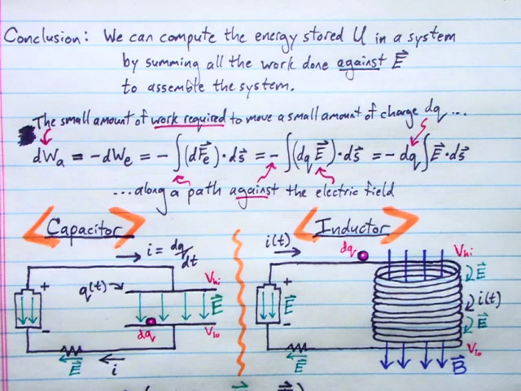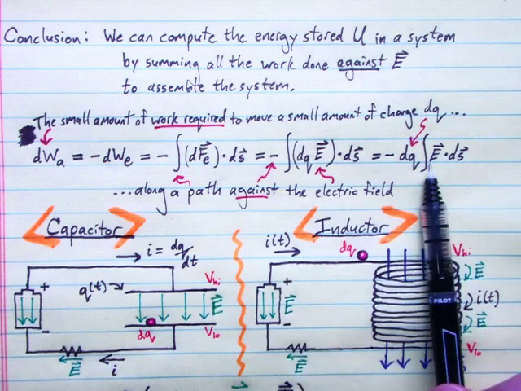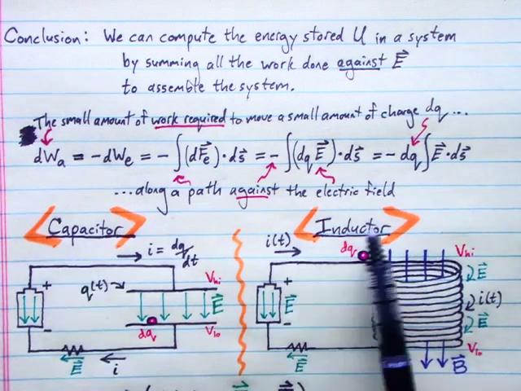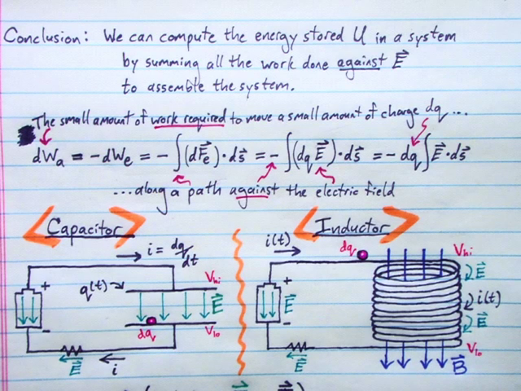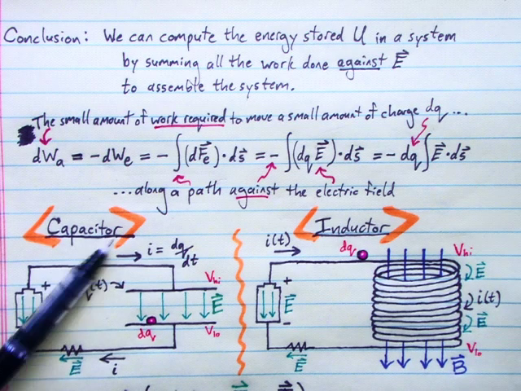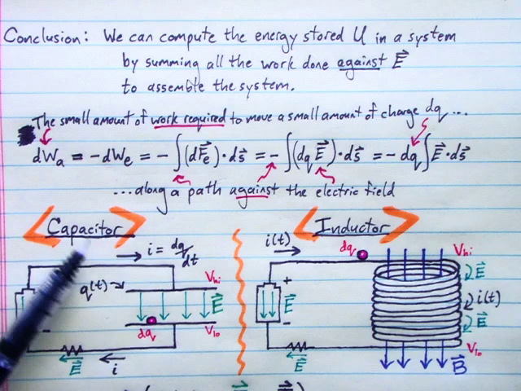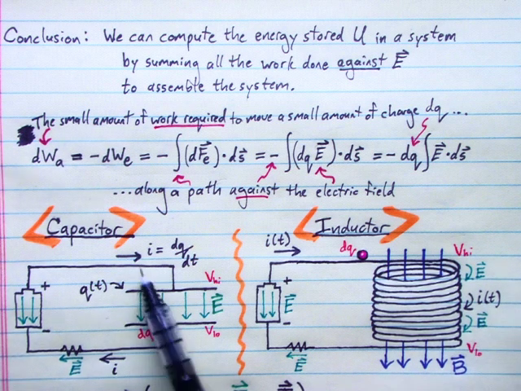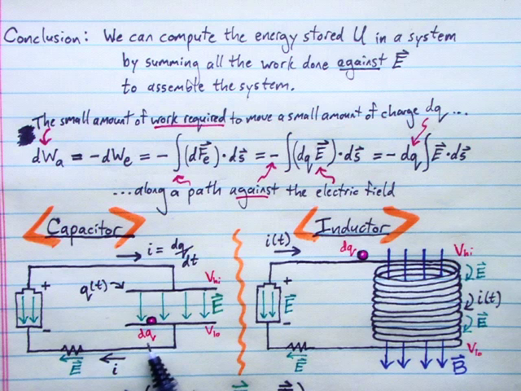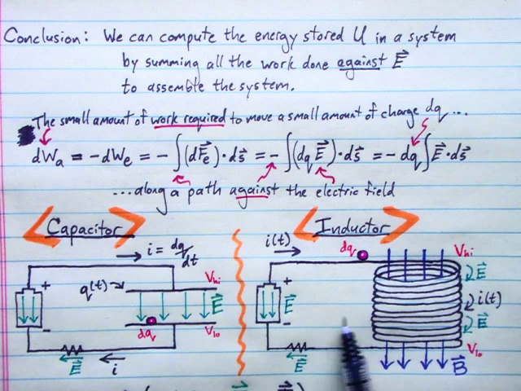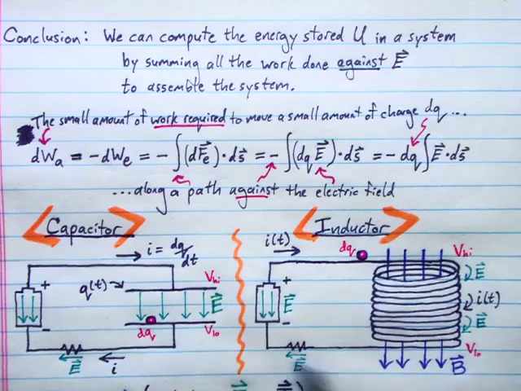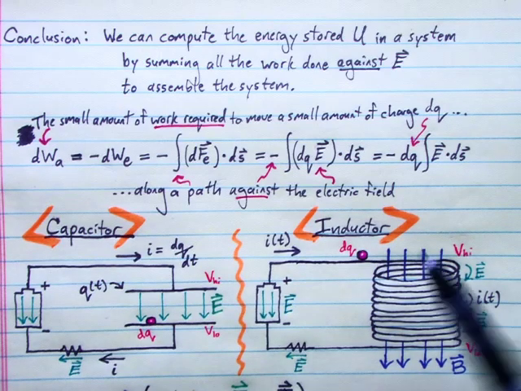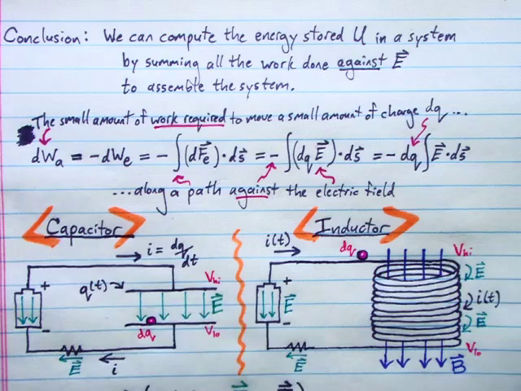Okay, I would like to do side by side this calculation for a capacitor and for an inductor, because I think it's illustrative to compare the two cases. This capacitor argument we've done before, but we're revisiting it now, and we'll walk through it again in light of how it's similar to and different from our argument for the inductors.